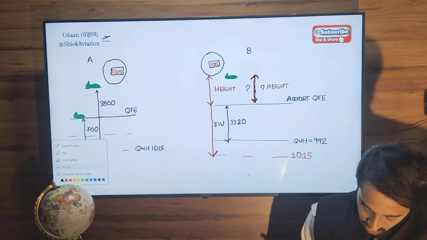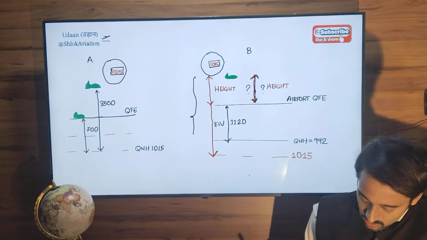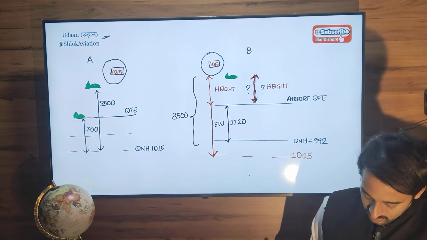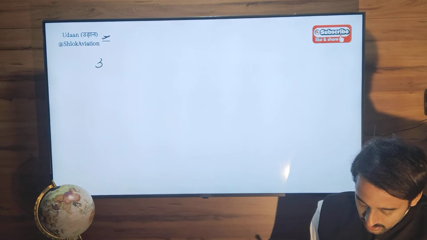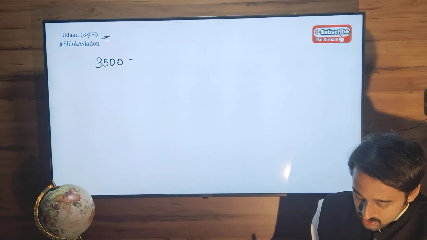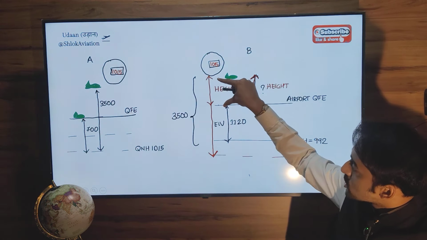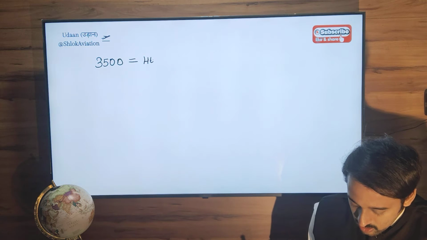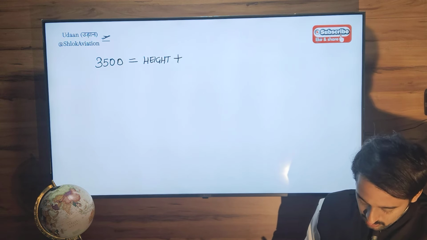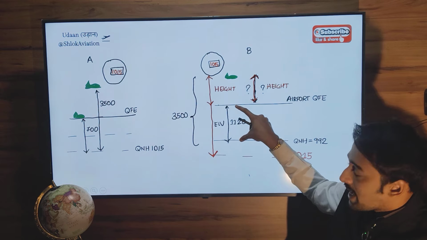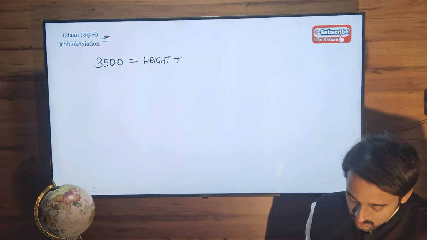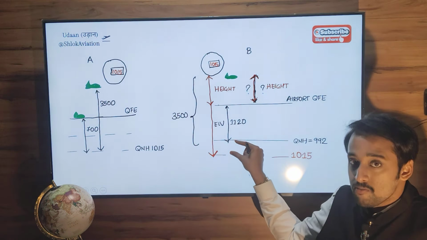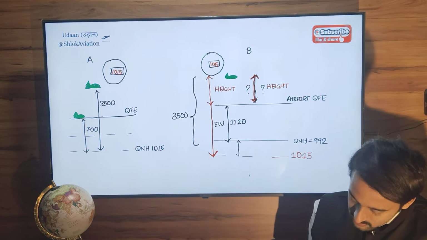Now this entire 3500 is made of three parts. First part is this much height. Second part is this elevation. And the third part is only this small part, which is this.